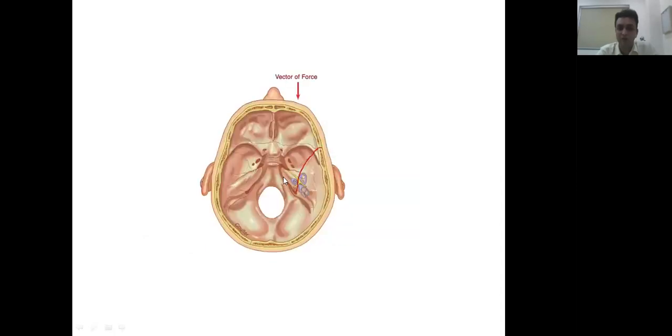A transverse fracture is when the fracture line passes perpendicular to the long axis of the petrous part of the temporal bone. The damage to the facial nerve is much more common in transverse fractures.